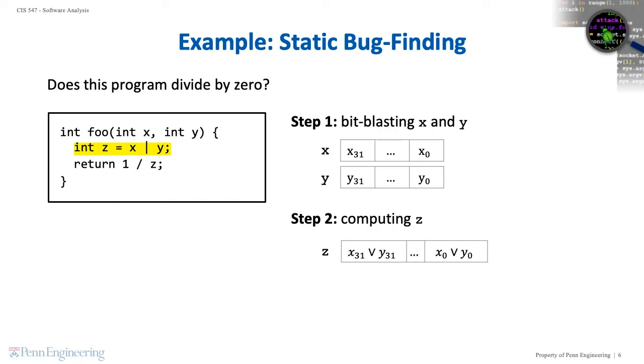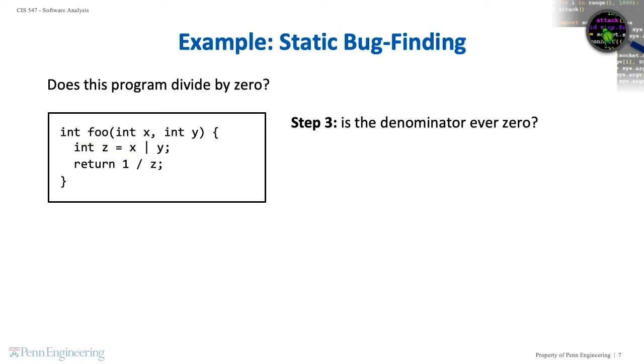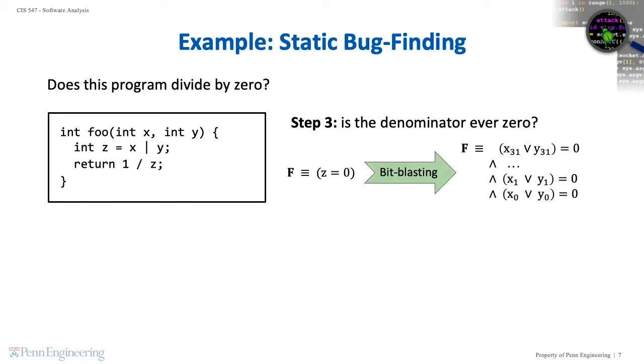The encoding is more complex for other operations in a C program, such as addition or multiplication, and approximations are typically used. Our ultimate goal is to check whether z can be 0. Since the integer constant 0 corresponds to a bit pattern of 32 zeros, the Boolean formula that we construct equates each of the 32 bits of z with 0.